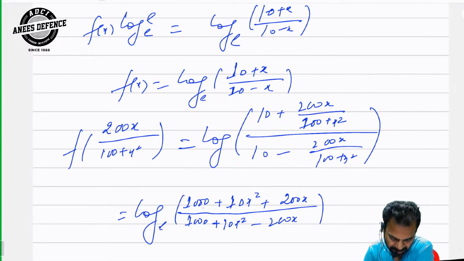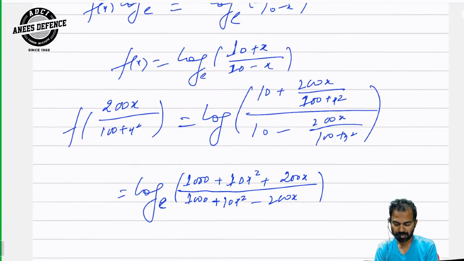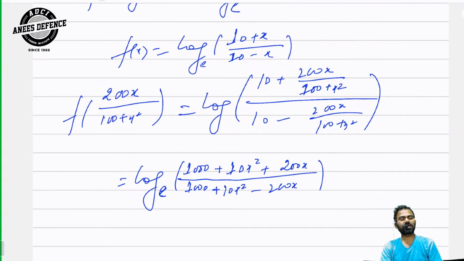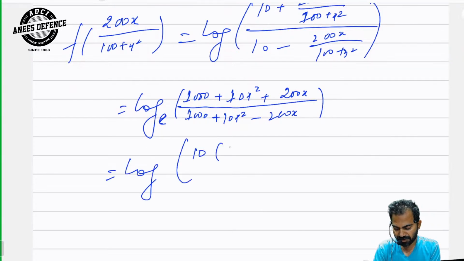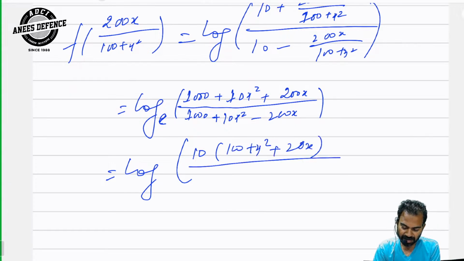Have you understood this? Okay, 100 plus x square will cancel out. I am taking 10 common from numerator, so 100 plus x square plus 20x. From denominator I can also take 10 common, so 100 plus x square minus 20x.